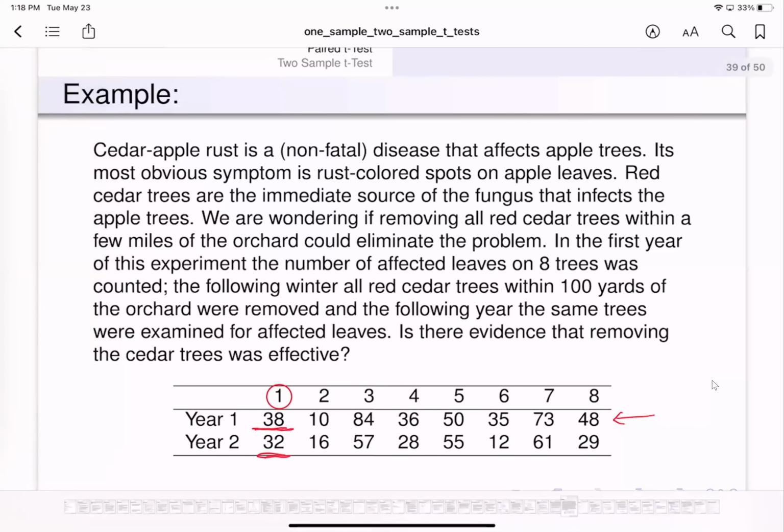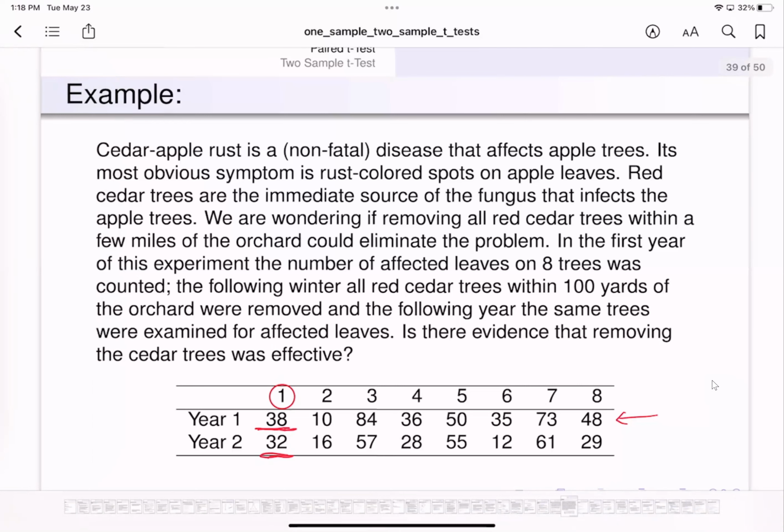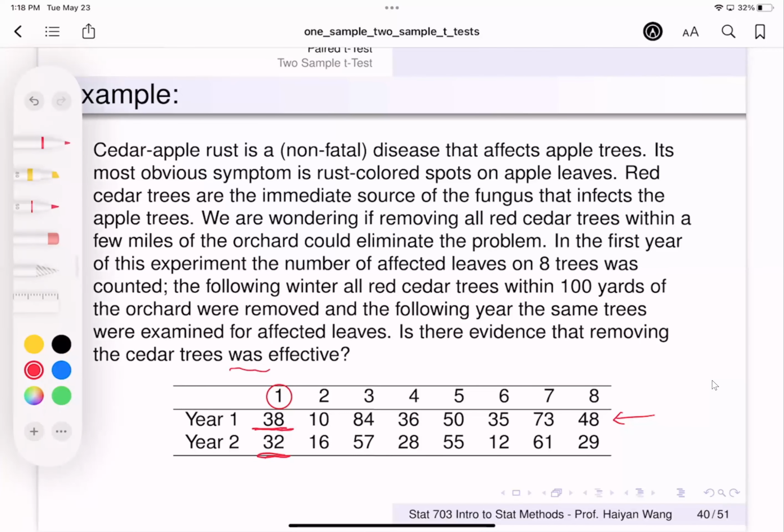And with this paired data, we would like to see whether there's evidence that removing the cedar trees was effective or not. For this, we are either testing or doing a confidence interval. If we do a test, we would want to see the mean difference, mu1 minus mu2, in the research hypothesis to be greater than 0, where mu1 is for year 1 and mu2 is for year 2.